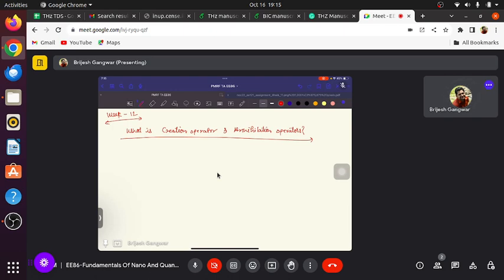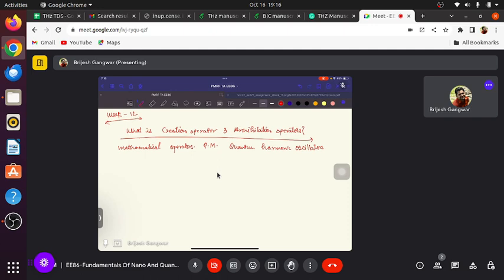Basically these are mathematical operators that have widespread application in quantum mechanics, notably in the study of the quantum harmonic oscillator. Many-particle systems also use creation and annihilation operators.